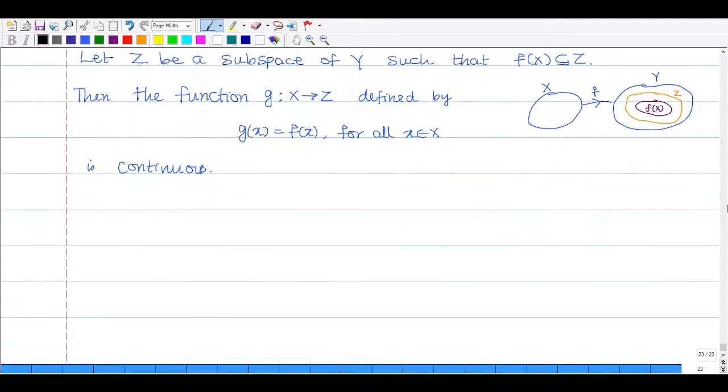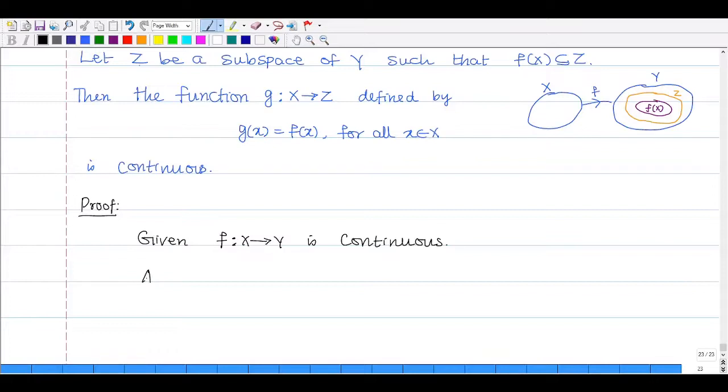எப்படி ப்ரூஃப் பண்ணணும்னா, proof: நான் Z ல ஒரு open set எடுக்க போறேன். So given f from X to Y is continuous. Okay, and வேற என்ன கொடுத்திருக்காங்க?